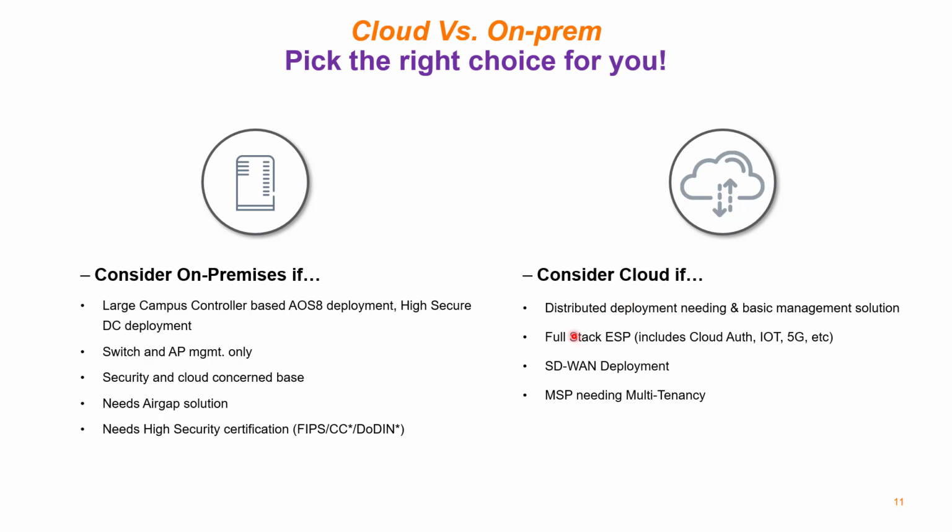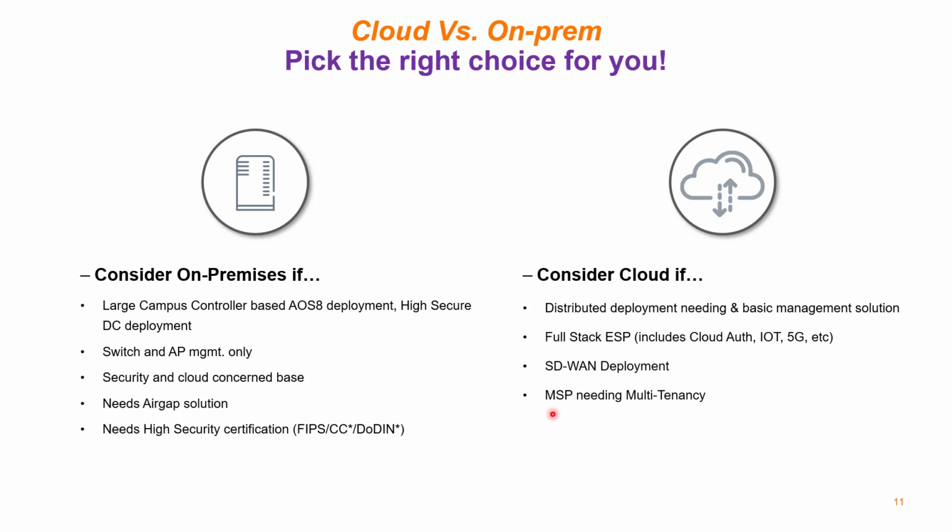Cloud, if you have a distributed platform deployment and no customer requirements, so there are no stringent requirements for the data not to be kept in the cloud. Full stack ASP, including cloud authentication, IoT, 5G integration, and so on, is a deployment that is impossible in Central On-Prem, that is not there.